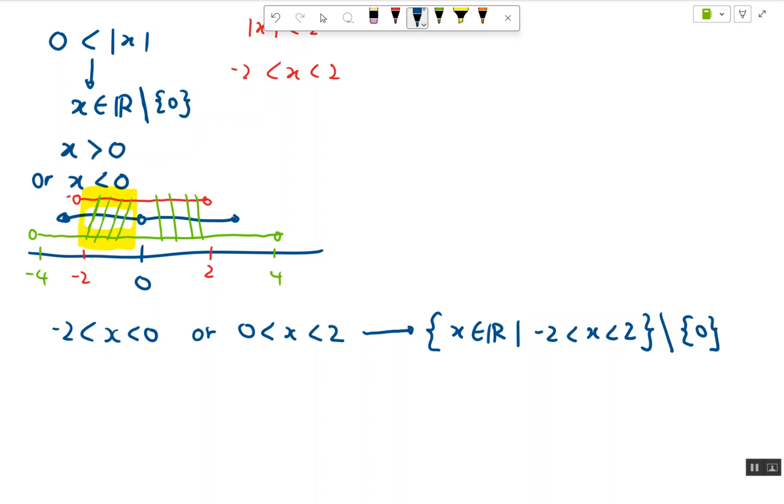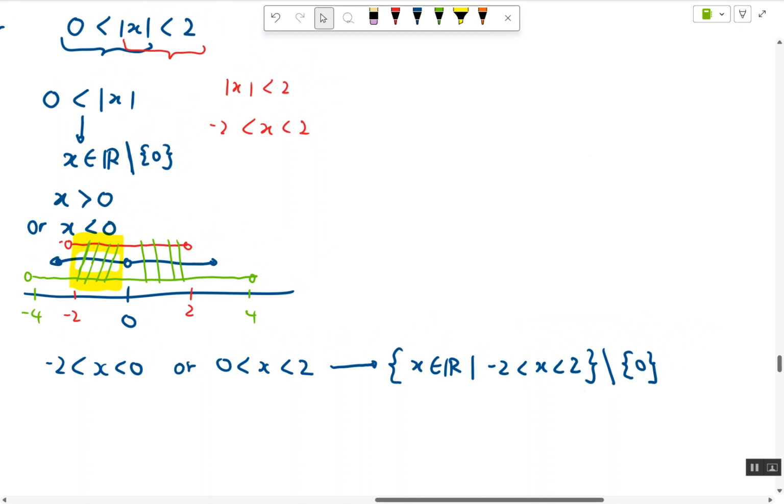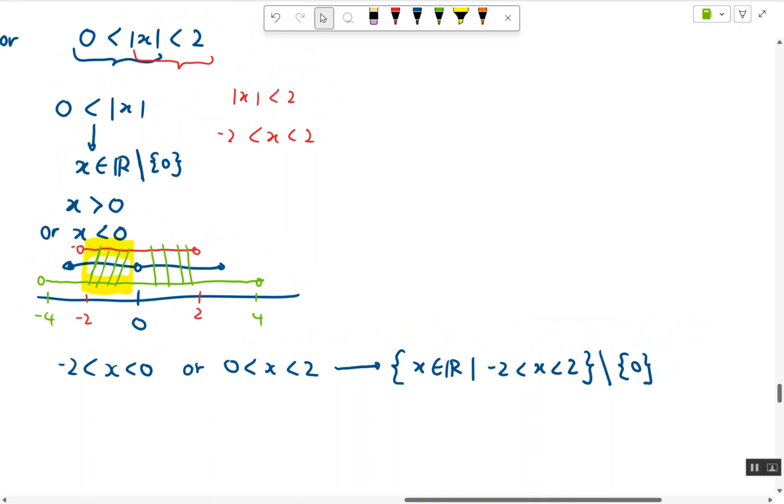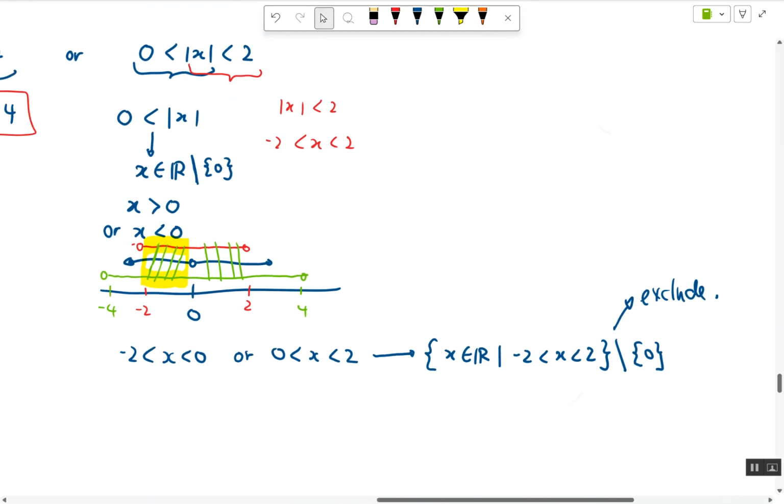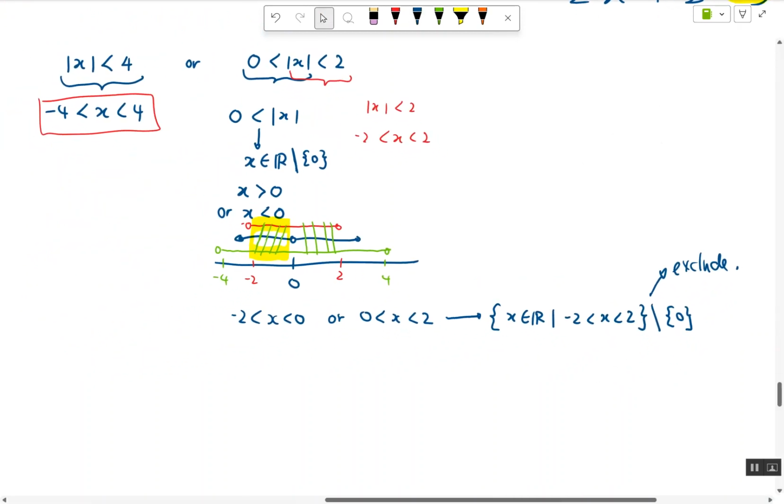This is called exclude. You cannot say it's equal to 0, so you have to use this to exclude it. This is how some questions may present it, and you must understand that this sign means exclude, cannot be. So this is a more advanced question when you have a simultaneous inequality with a modulus function, as well as when it involves 0.